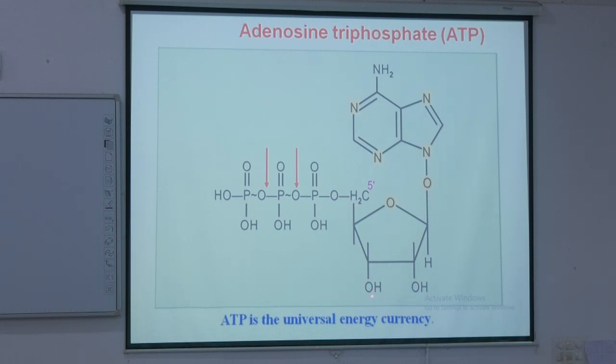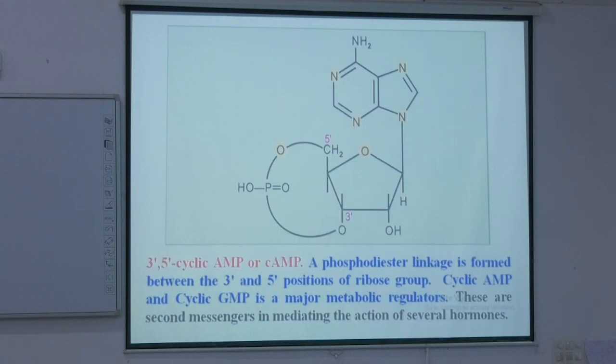Both the 5' and 3' can bind in a cyclic manner.